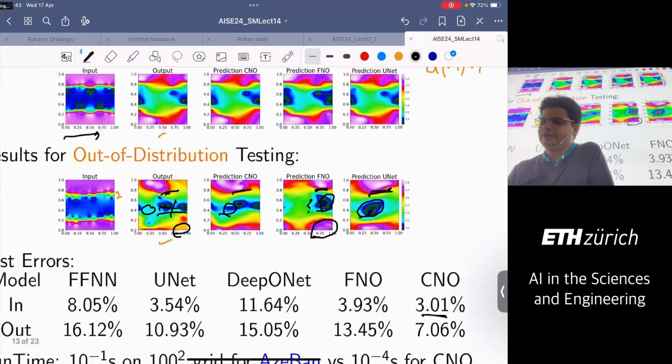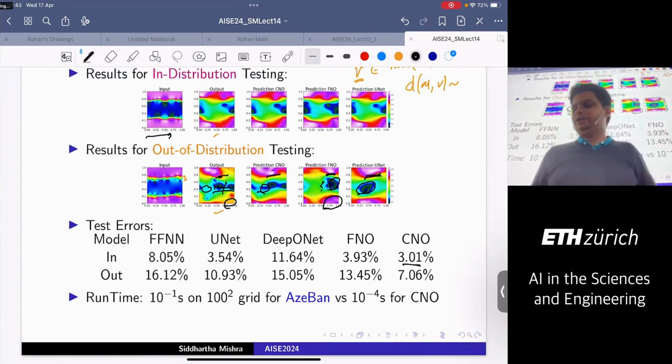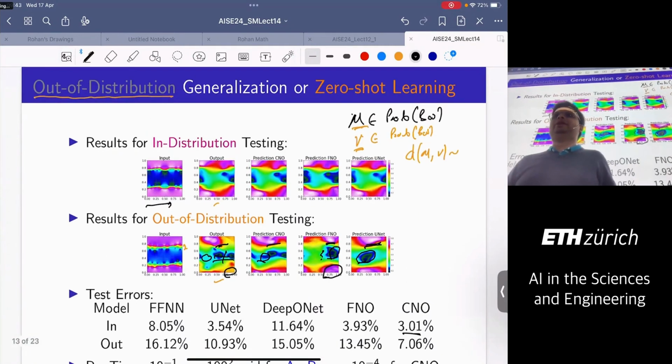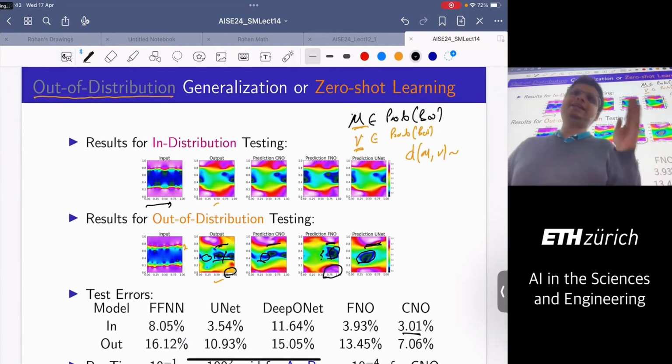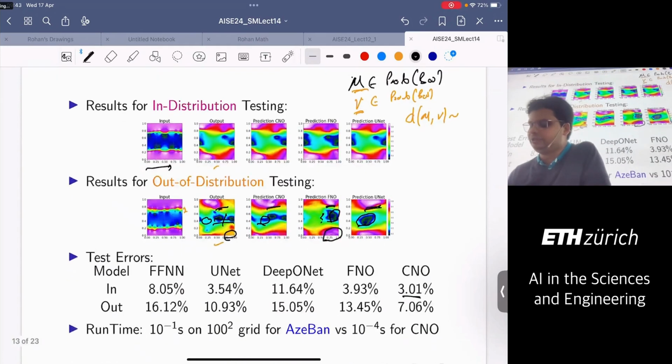Now when you look at the predictions, you can see that, of course, all of them make bigger errors. This is sometimes also called zero shot, okay? You're not having any access to this new measure. You just do it in a zero shot manner, and you can see that at least in this particular case, CNO had slightly better generalization.